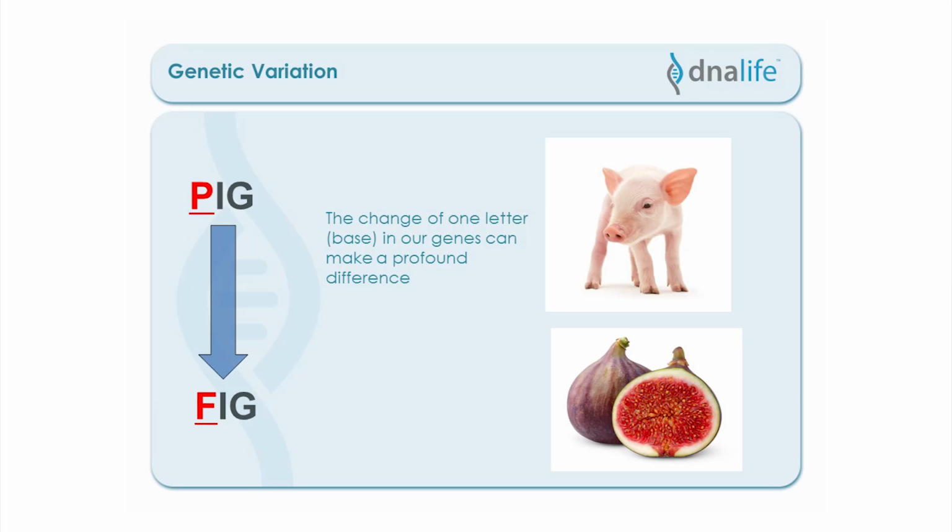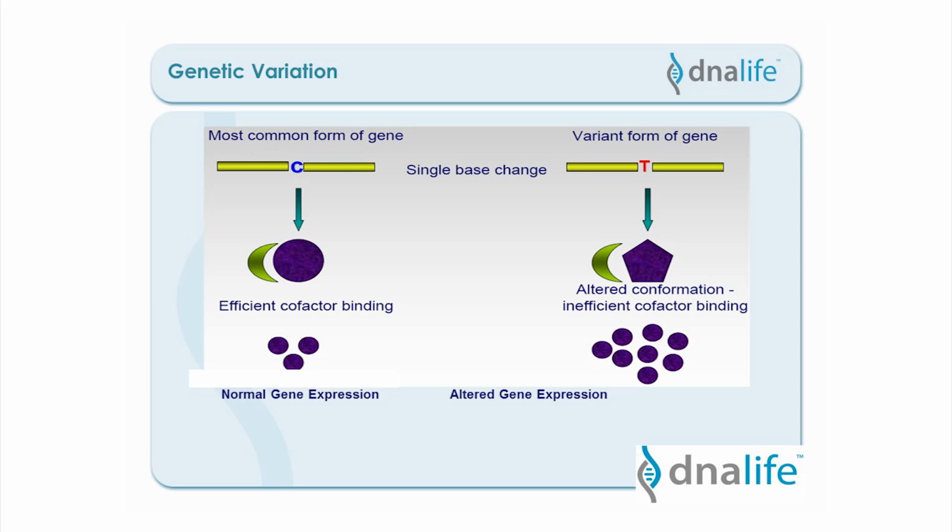In the same way as changing the letter of a word can have a major change in the meaning of the word, simply changing the P to F obviously changes the word quite drastically from pig to fig. So exactly the same thing will happen at the DNA level, where the change in a single letter in our DNA can cause a change in the structure of the amino acid, as we saw with the sickle cell anemia example, which can affect the manner in which that gene is expressed.